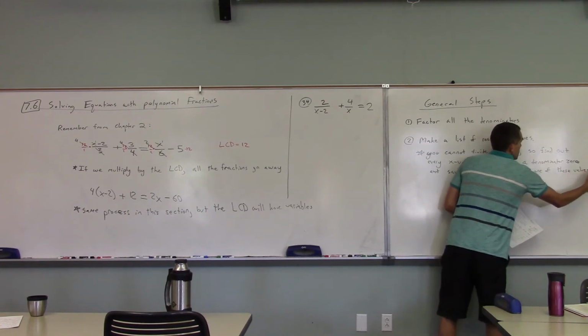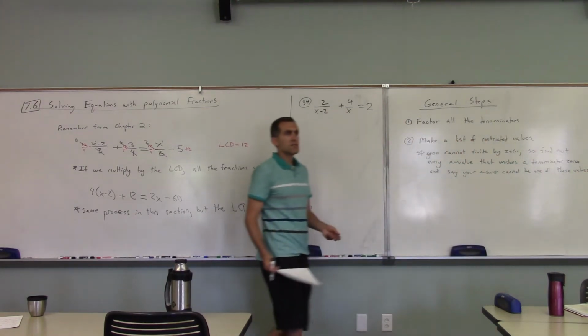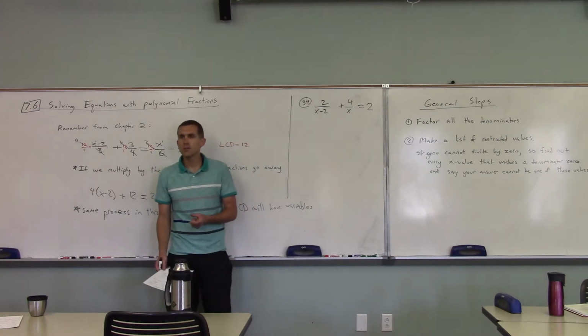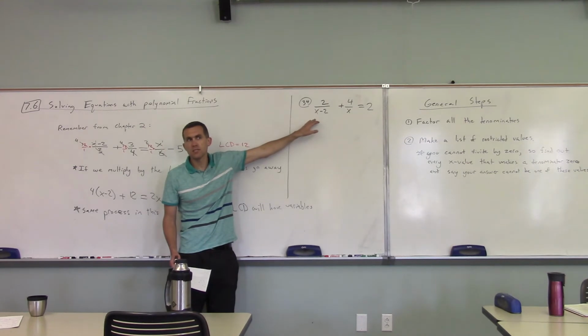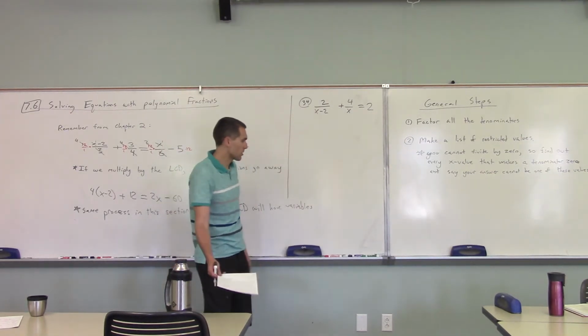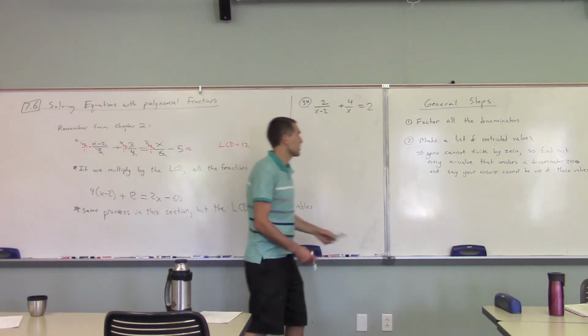What I mean by this is since you can't divide by 0, right away you need to say, I cannot have any denominator in this equation be 0. My answer cannot be one of those numbers. So let's do that really quick in green, and I'll do it in every problem in green.